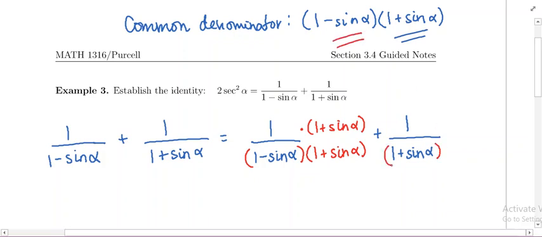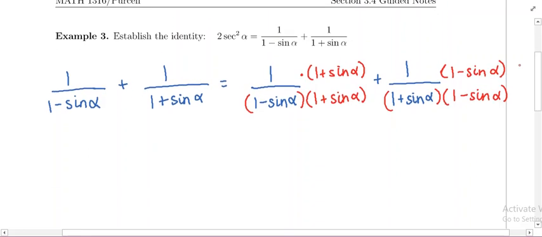So we're going to go ahead and multiply the bottom by 1 minus sine alpha so that it has the correct denominator going forward. But if we multiply the bottom by that quantity, we have to multiply the top by that quantity, okay? Because then we will be multiplying by 1 minus sine alpha over 1 minus sine alpha, which is essentially 1. We're not changing the fraction, okay?